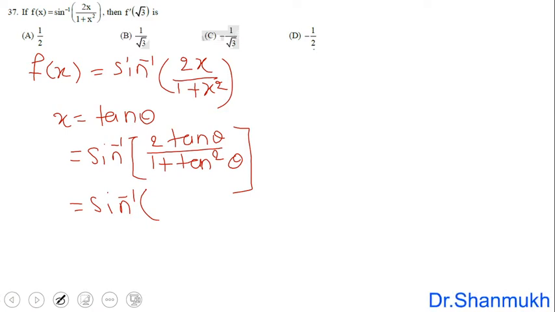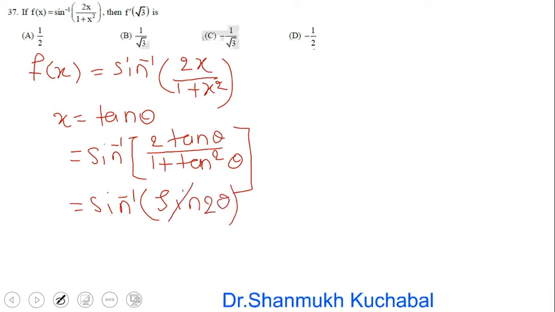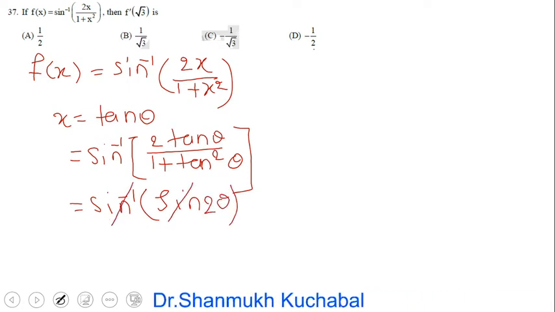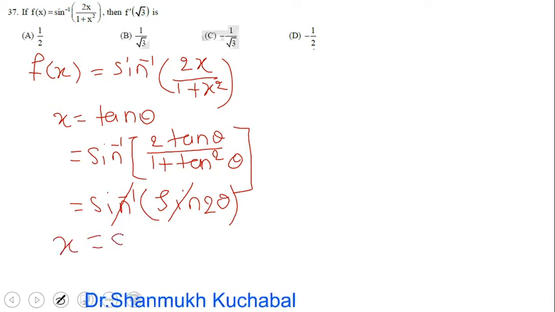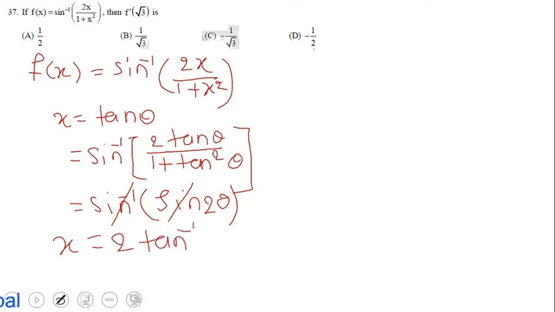It is a standard formula, written as sine 2 theta. Further, sine and sine inverse cancel, so we get 2 theta. Since x is tan theta, we get theta as tan inverse x here.